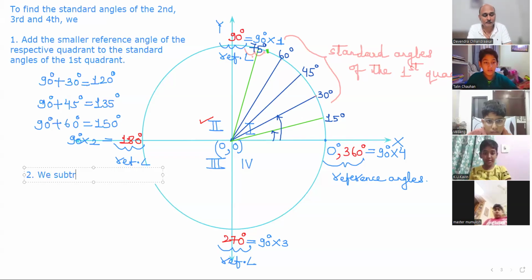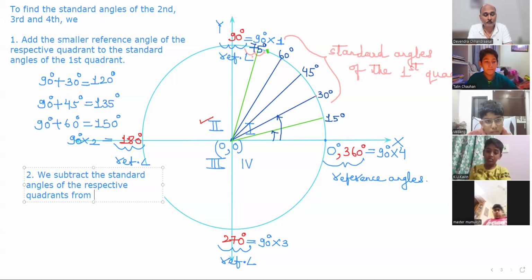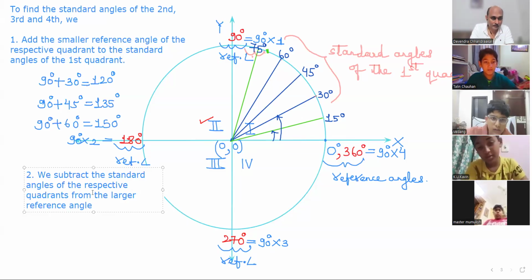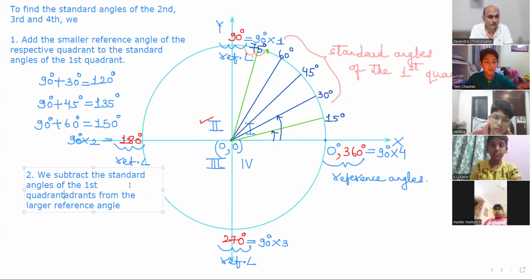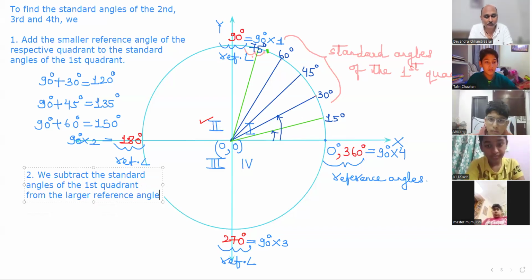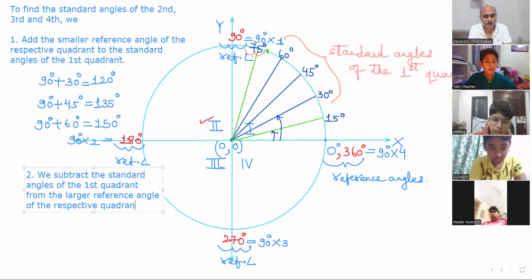We subtract the standard angles of the first quadrant from the larger reference angle of the respective quadrant.